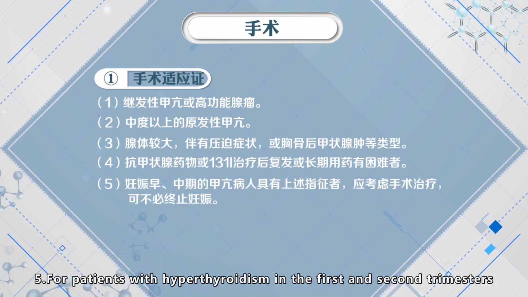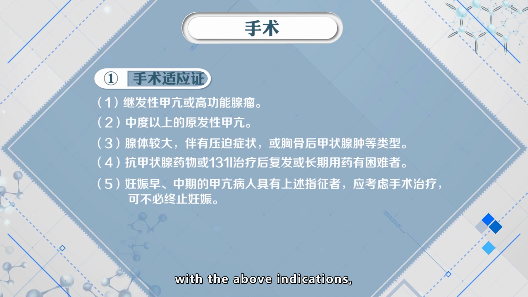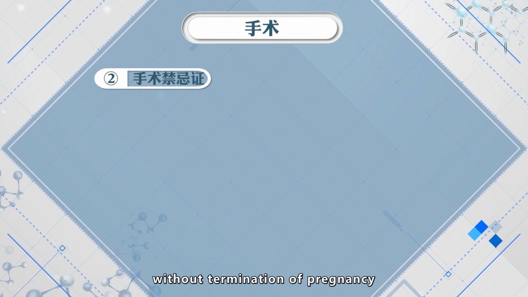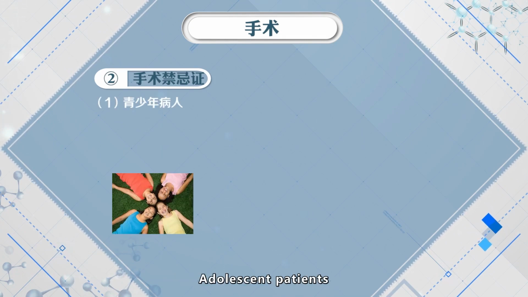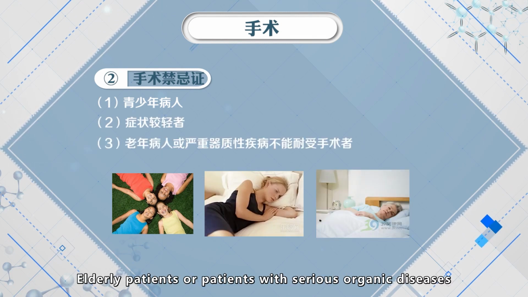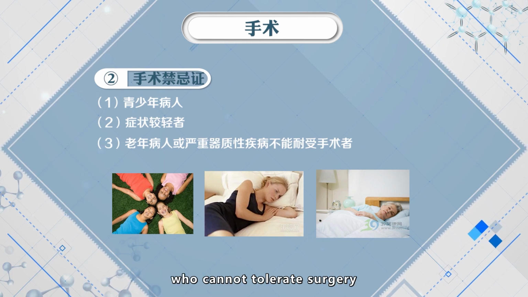For patients with hyperthyroidism in the first and second trimesters with the above indications, surgical treatment should be considered without termination of pregnancy. Surgery is not suitable for adolescent patients, patients with mild symptoms, and elderly patients or patients with serious organ diseases who cannot tolerate surgery.